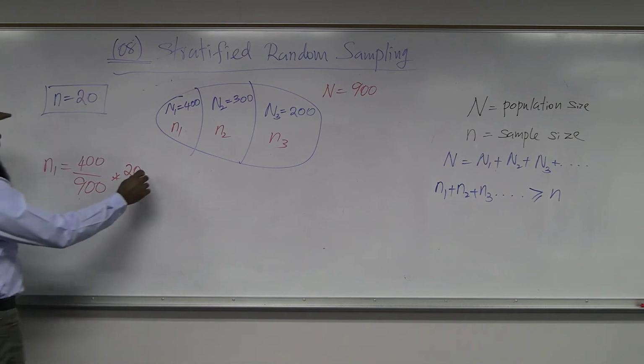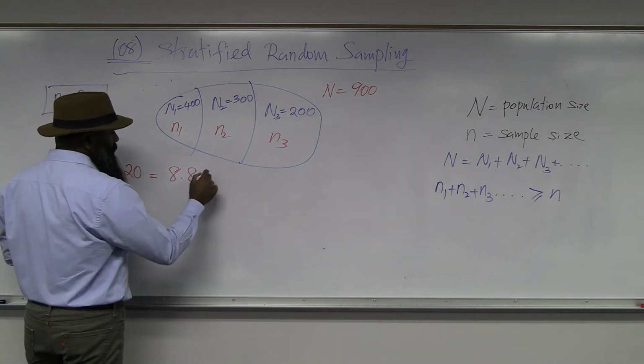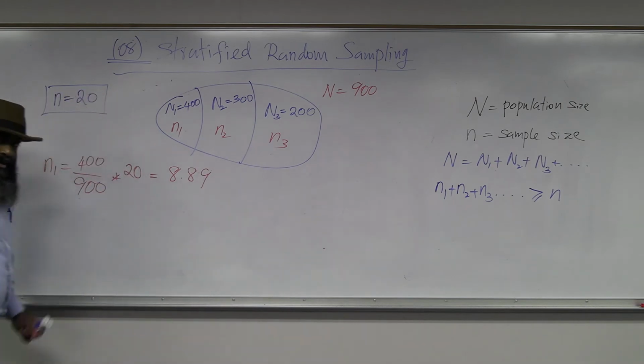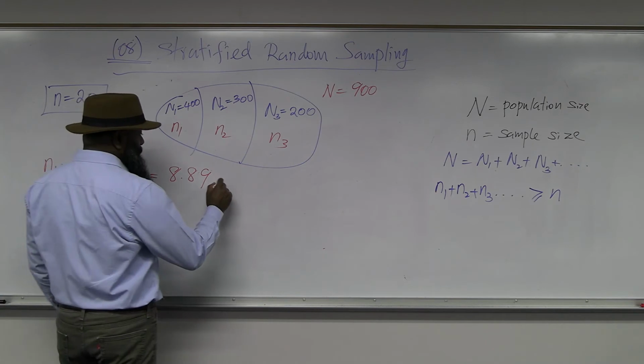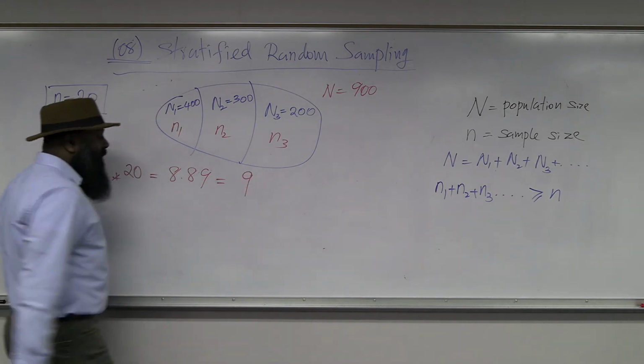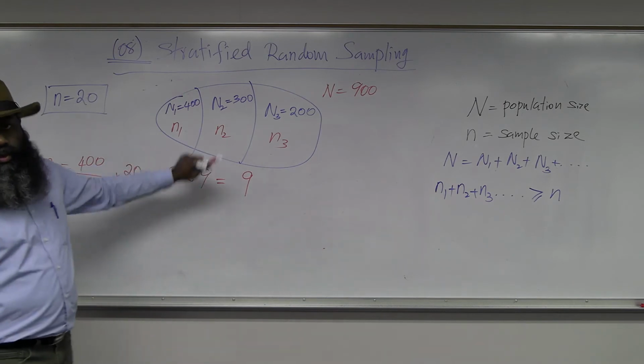Okay. So if you do this calculation, we get 8.88 something, so 8.89 approximately, and that's very straightforward. So the sample size should be 9, okay? I can round it up. And then I need to determine n2.